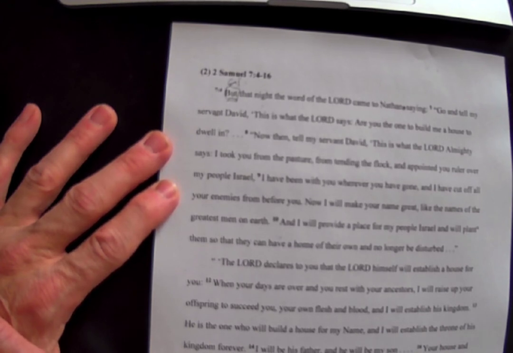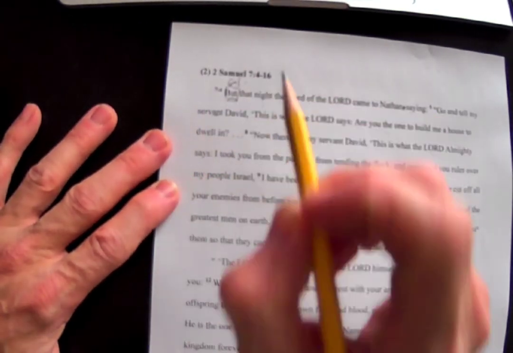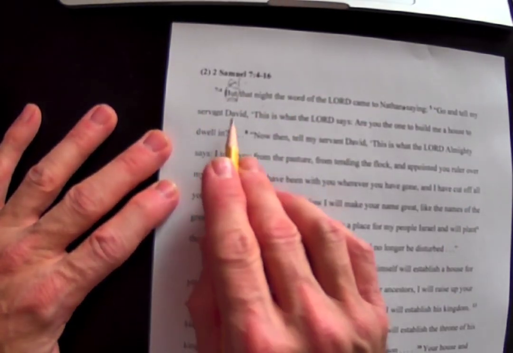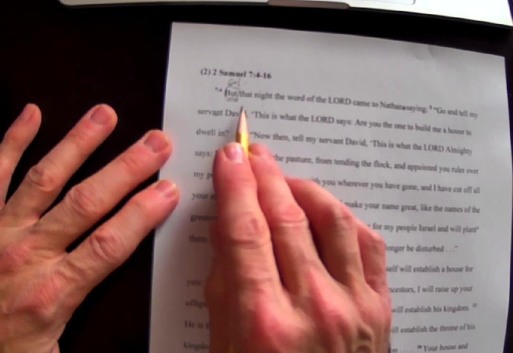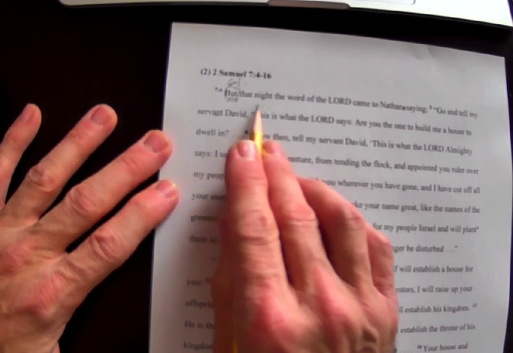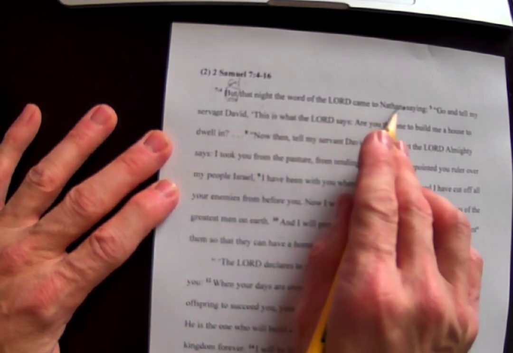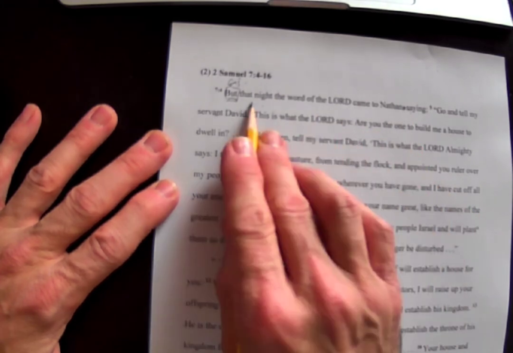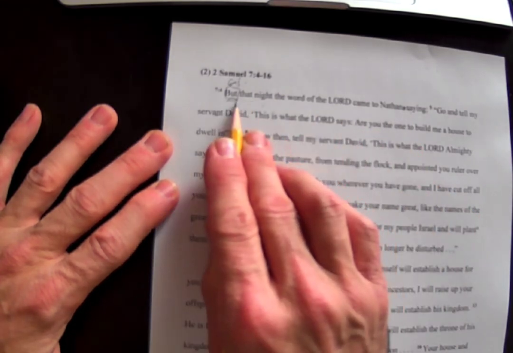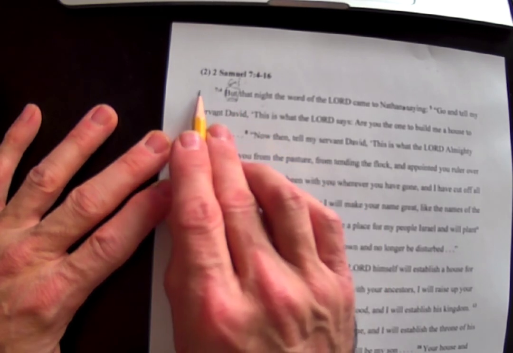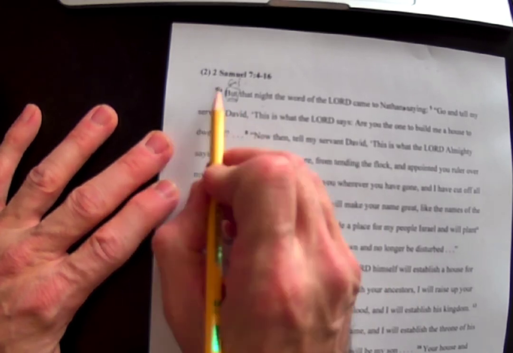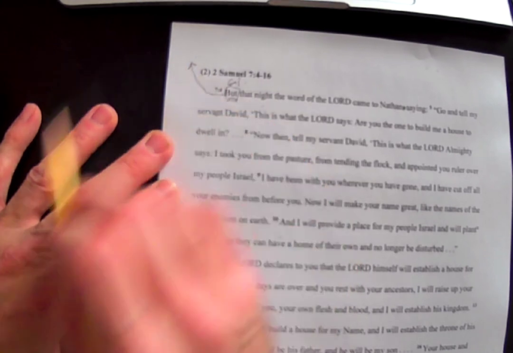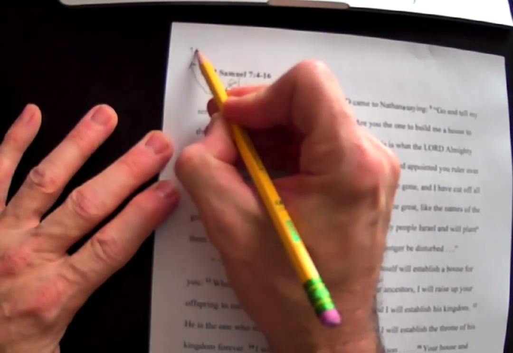But here's what it does. It takes this statement, "that night the word of the Lord came to Nathan saying," and it puts it contrary to what was said up here, probably in verse 3.